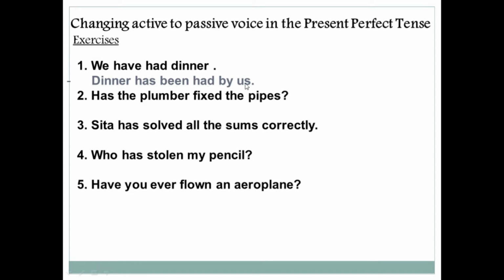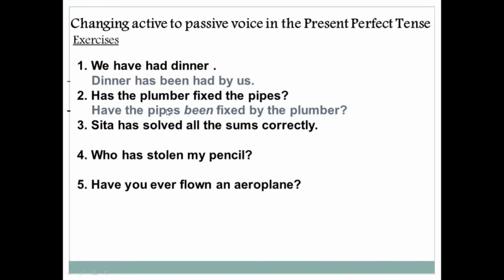Number 2, has the plumber fixed the pipes? The pipes is the object. Remember, in the rules, know whether the object is in the singular or plural form. So the pipes are in the plural form, so we pick have. It's in the interrogative form, so have will come first.